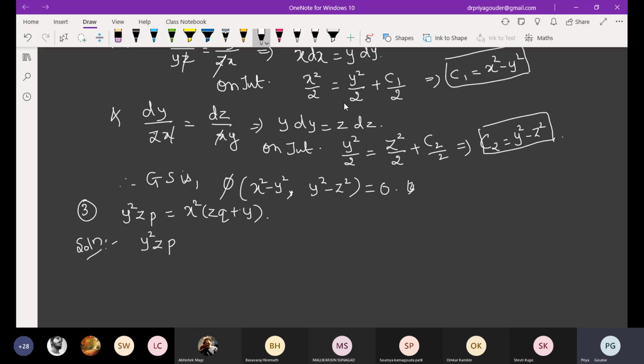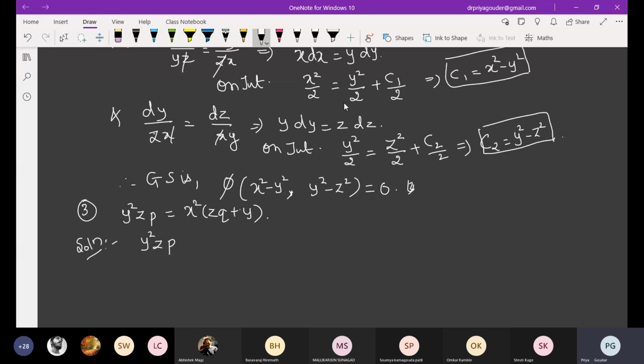No, it is not in the standard format, right? But you can bring it into the standard format. So the P term, then what do I have to write here? Second, you should write a Q term.